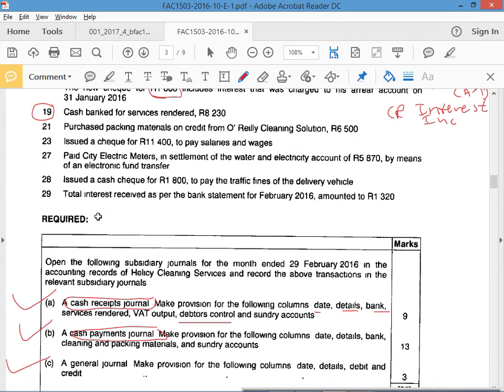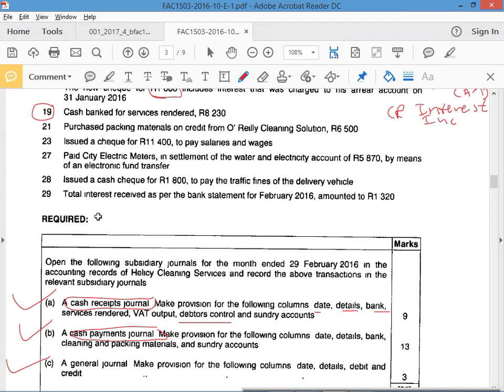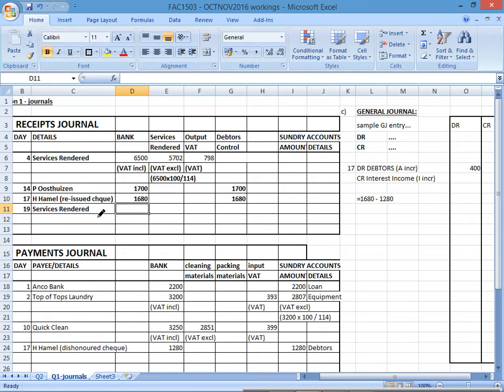Services rendered. Will I have that here? Yes, I will. VAT will be on the total amount of 8230. Services rendered will be the VAT exclusive, so that amount times 100 divided by 114.